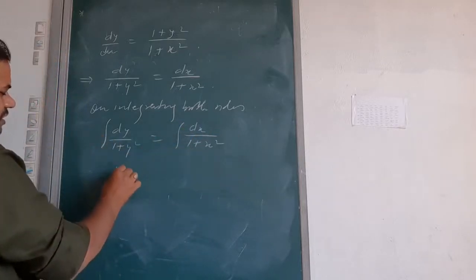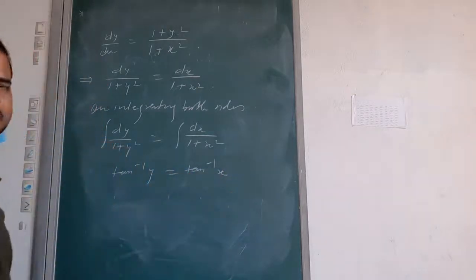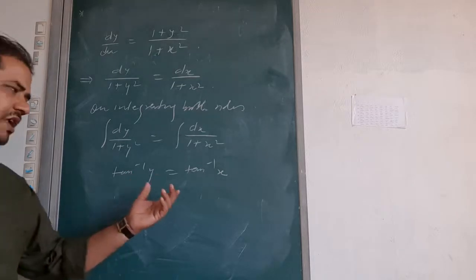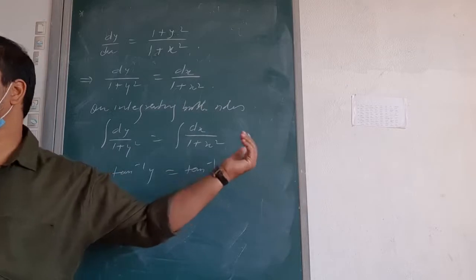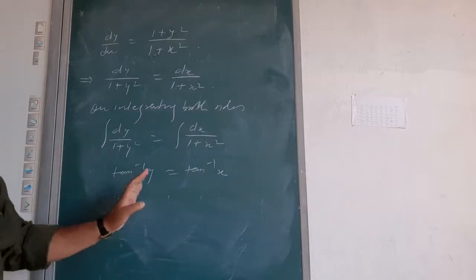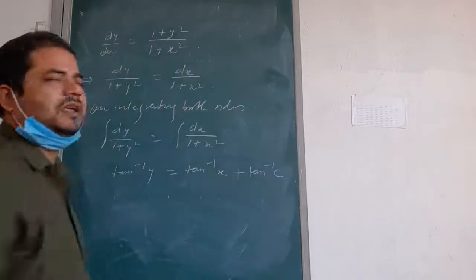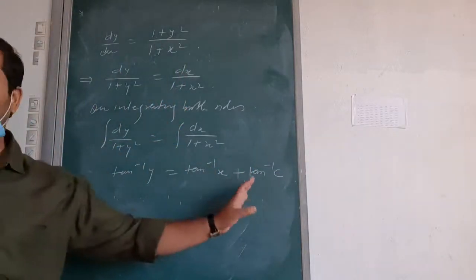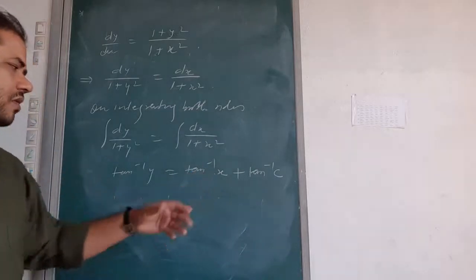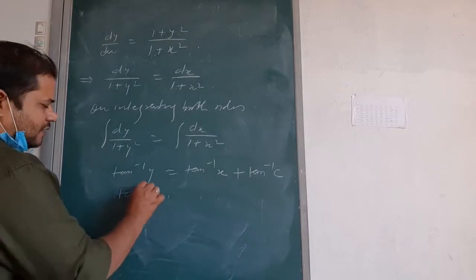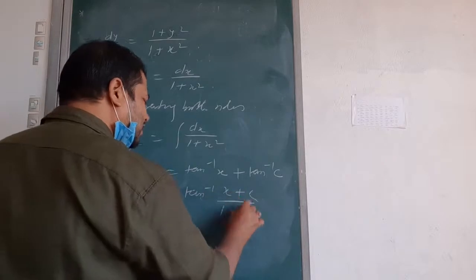You know this is tan inverse y and this is tan inverse x. Here either we use the constant of integration as simply c, but since this is tan inverse, here the arbitrary constant is used as tan inverse c. This is not necessary, but in the book it is given, that's why I am doing it. So afterwards, tan inverse y is nothing but tan inverse of (x plus c) upon (1 minus cx).